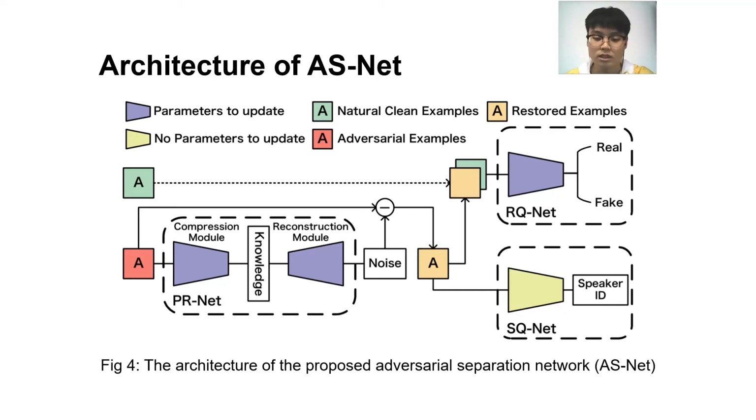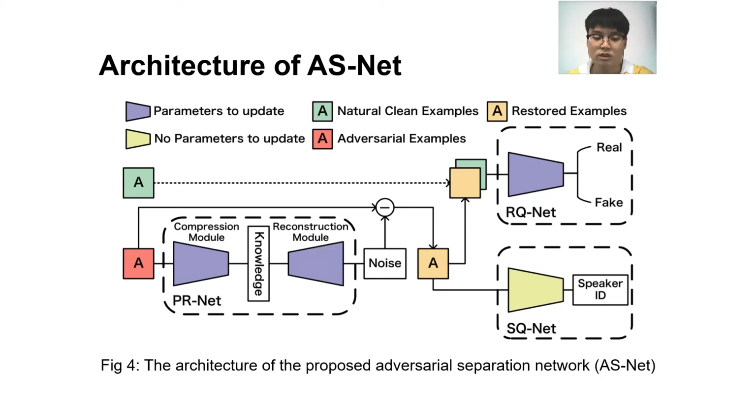The PRNet is designed as the compression structure to generate the adversarial perturbations for the input examples. It consists of compression and reconstruction module. The compression module is responsible for ensuring that the extracted knowledge efficiently returns relevant information on perturbations. The reconstruction module aims to improve the quality of reconstructed perturbations.